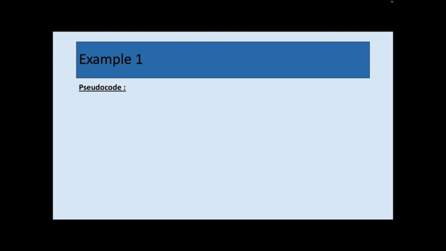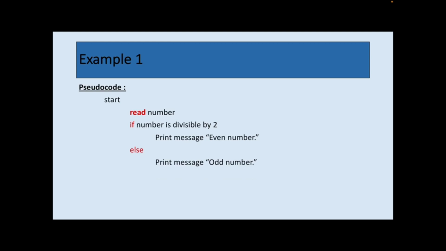And the pseudocode: start, read number. If number is divisible by 2, print message even number, else print message odd number, end if, and then stop.